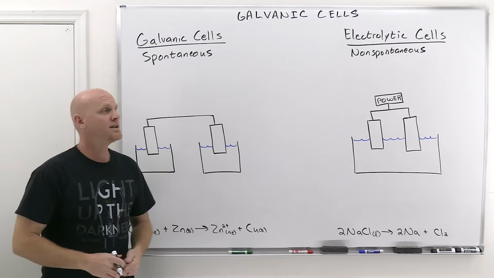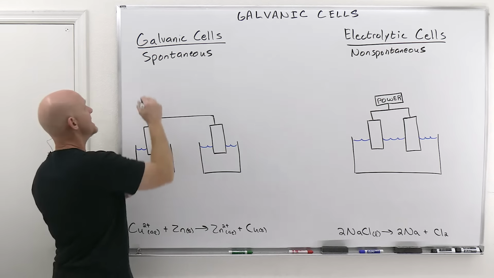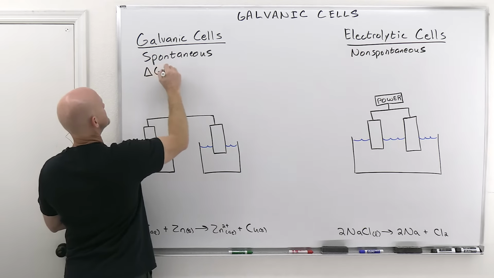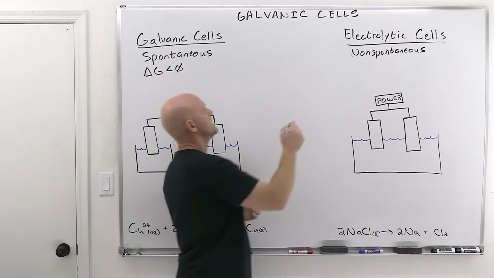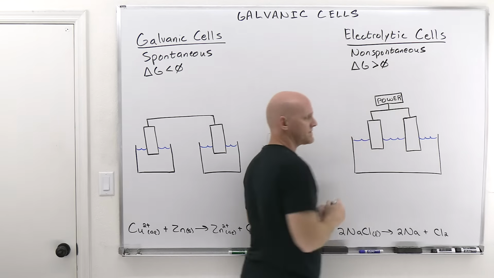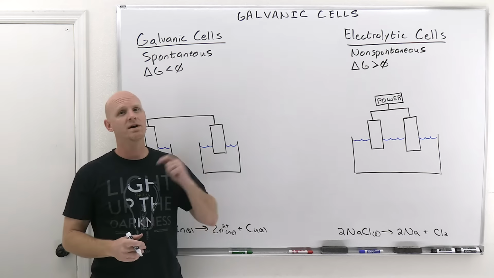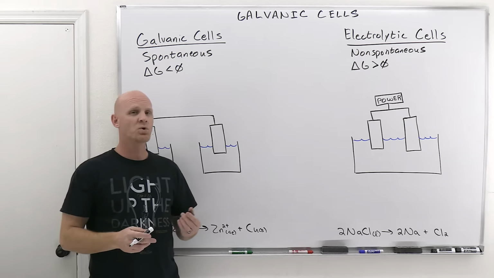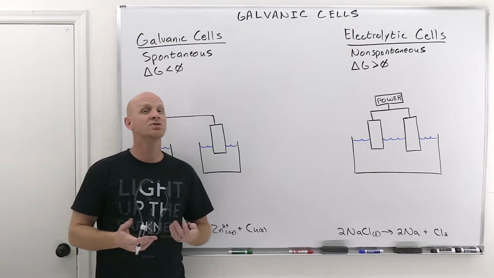Up until this chapter with thermodynamics, the biggest way we knew a reaction was going to be spontaneous is we took a look at delta G. When a reaction was spontaneous, delta G was negative, whereas when a reaction was non-spontaneous, delta G was positive. Well, for redox reactions, there's a second, often much more common measure for figuring out if a reaction is spontaneous, and that is your voltage.